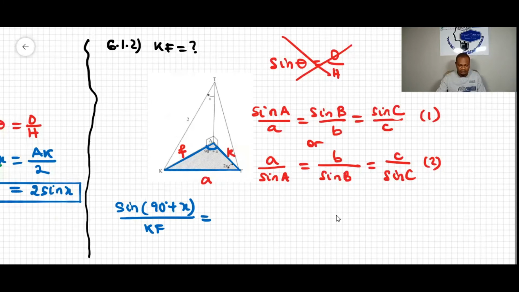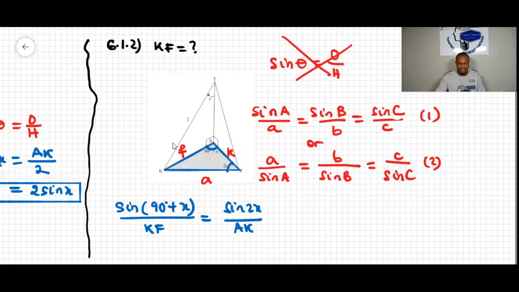Let's take sine of 2x. So I'm going to say sine of 2x over the opposite is the sine. You have angle 2x given there. The opposite is AK, so over AK.